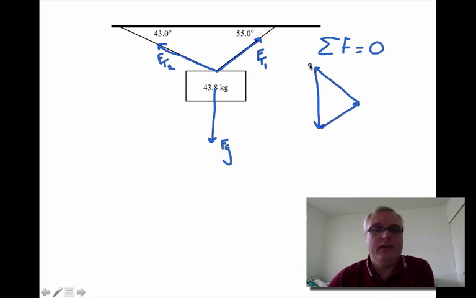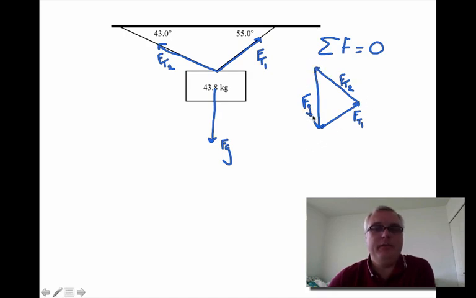In other words, we've added these three vectors and gotten back to zero. So the total sum of those three vectors is zero. So this is Ft1, Ft2, and the force of gravity, the weight.